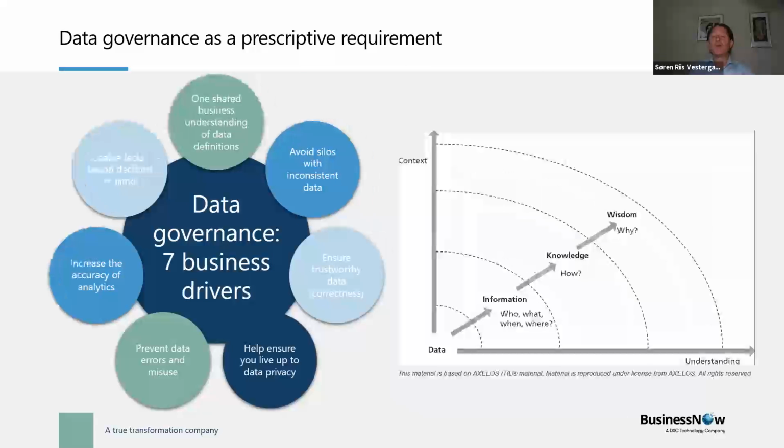Referring to a beautiful model coming from knowledge management practice, taken from the ITIL recommendations, it's moving from data to information to knowledge to wisdom. Wisdom means making informed decisions and acting upon them, implementing good decisions, good models, good practice in your organization.